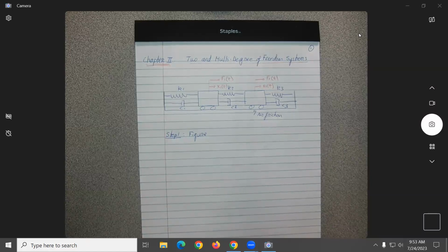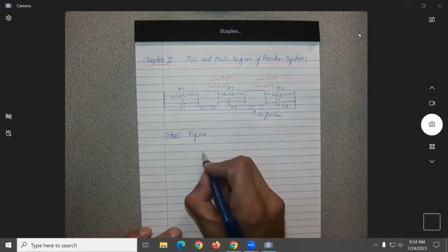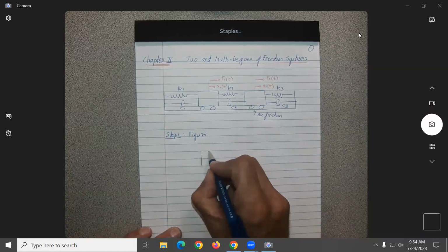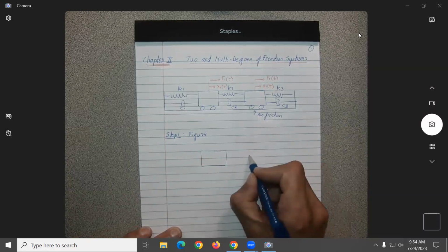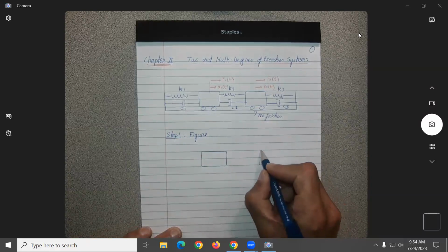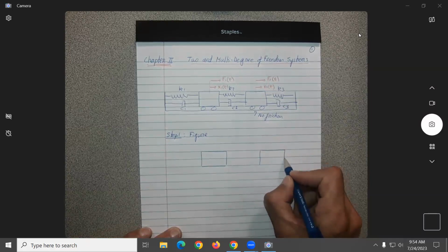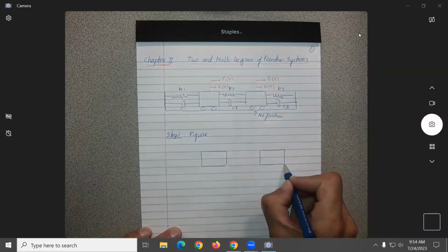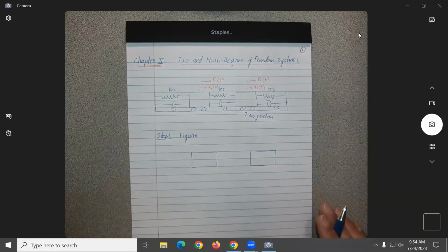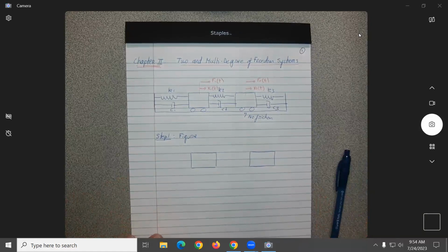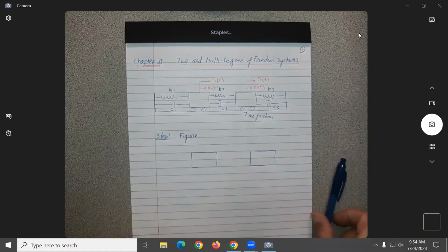So be careful because I might do more than one free body diagram, okay? So one for the understanding of the figures. So over here, let's start by M1.